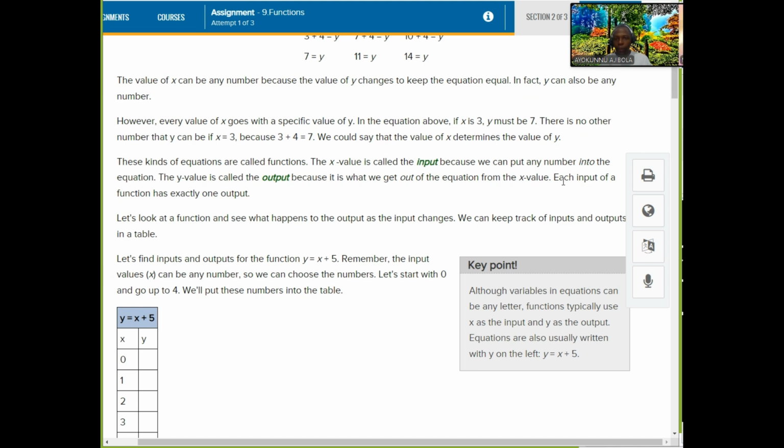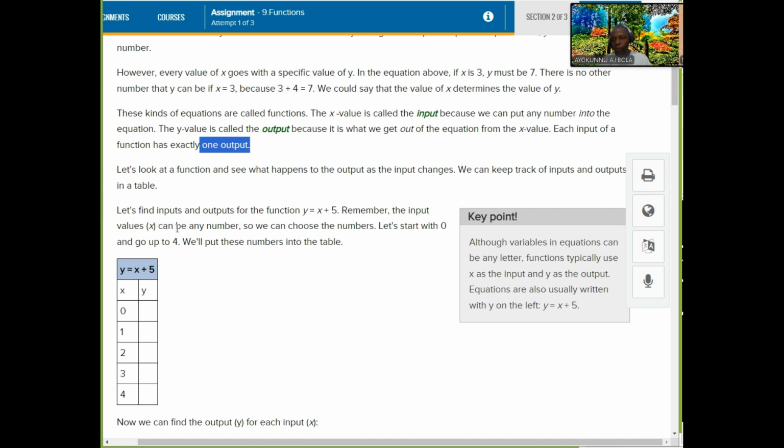So each input of a function has exactly one output. Is that clear? So let's look at a function and see what happens to the output as the input changes. We can keep track of the inputs and outputs using a table.